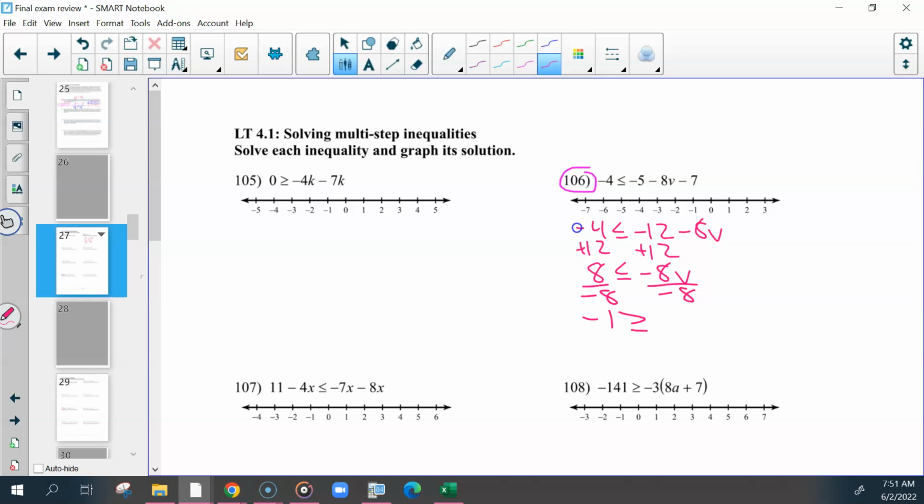Negative 1 is now greater than or equal to b, or b is less than or equal to negative 1. That would be a closed circle going to the left at negative 1. Do we have any questions on that one?